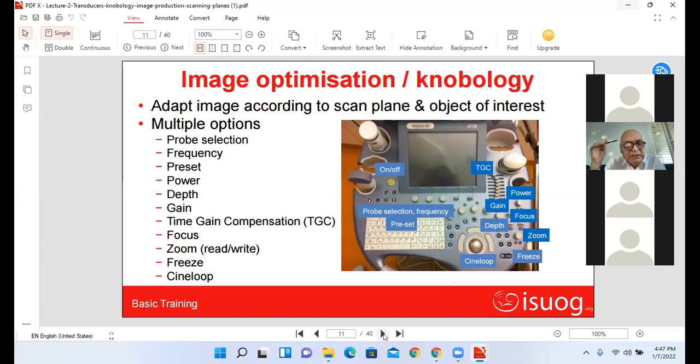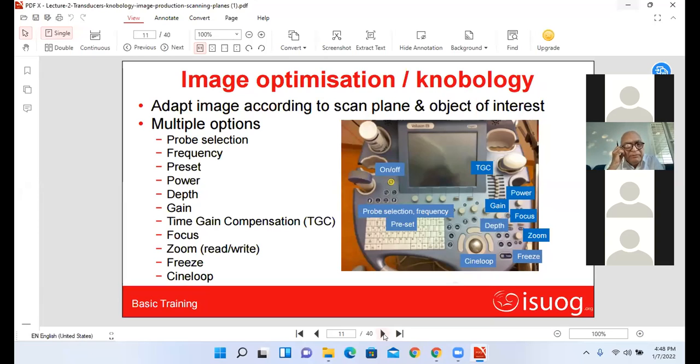So this machine is so designed that some of the things we can control from the machine, and some things we can't control because the machine is set in such a way that it will calculate all the propagation speed at 1540 only, no matter what is the frequency of the probe we are using.